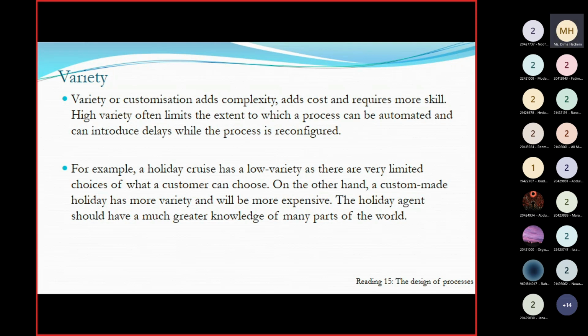It's lower cost for the business to have a lower variety. Okay? So high variety often limits the extent to which a process can be automated.